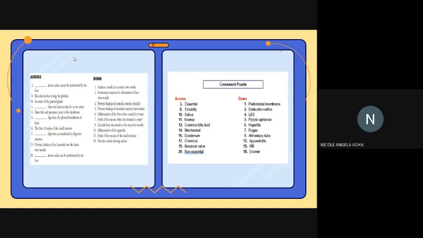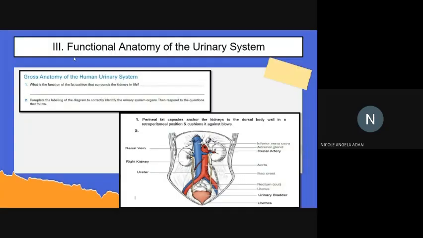And 13, inflammation of the appendix. The answer is appendicitis. And 15, folds of the mucosa of the small intestine. The answer is villi. And lastly, for the down, number 18, it provides a hard chewing surface. Our answer is enamel.